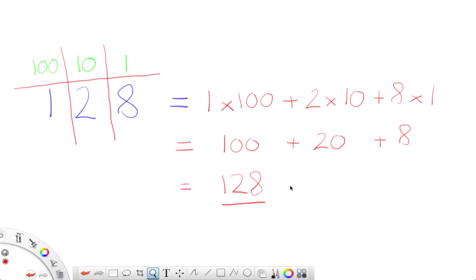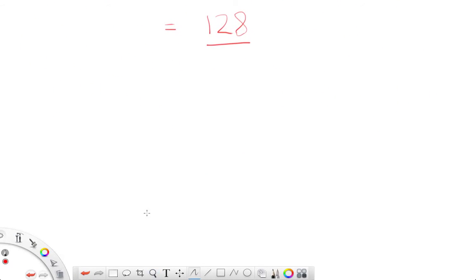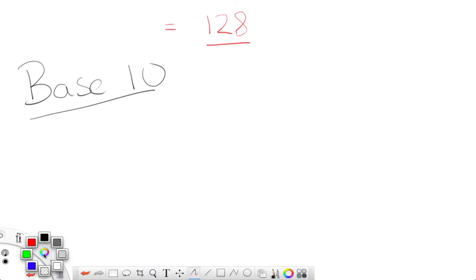This number system is called base 10. And this is a number system you've grown up with. If I write out column headings again, we had ones, we had tens, we had hundreds.